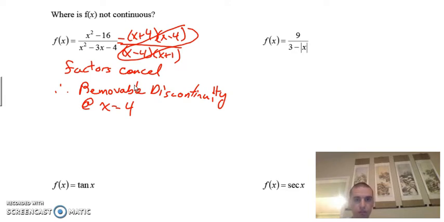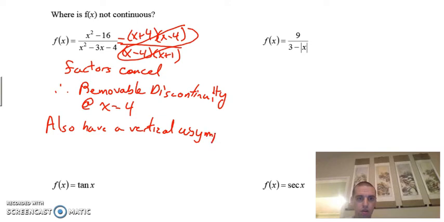Make sure you realize this, we have removable discontinuity here, but we also have a vertical asymptote at x equals -1. We cannot forget, wow, poor handwriting today, cannot forget about this factor there. So we have two spots of discontinuity. One at x equals 4 that's removable, and we have a vertical asymptote at x equals -1.